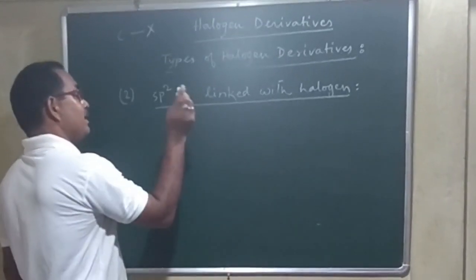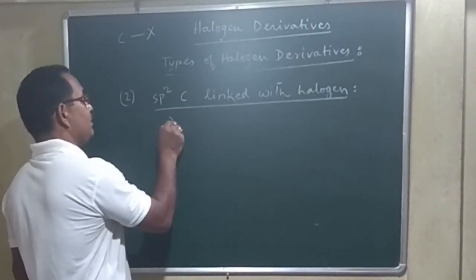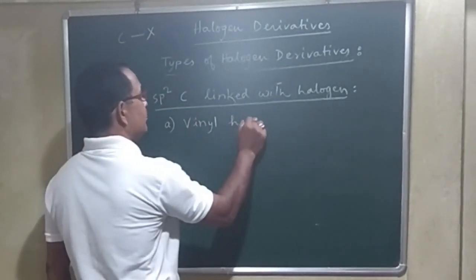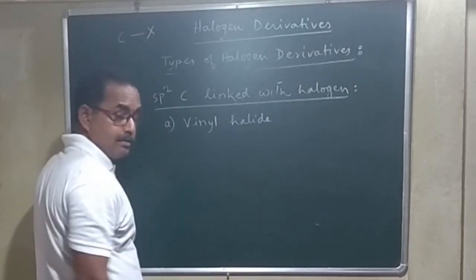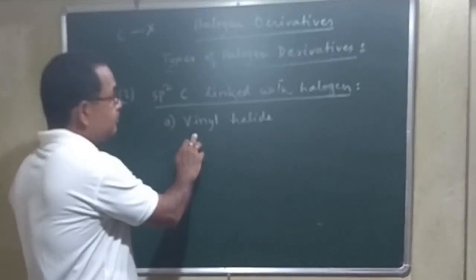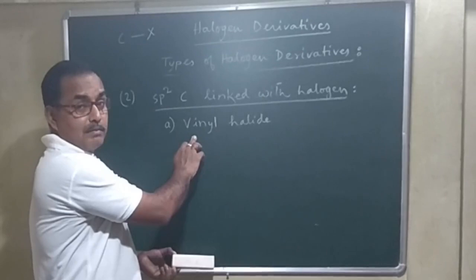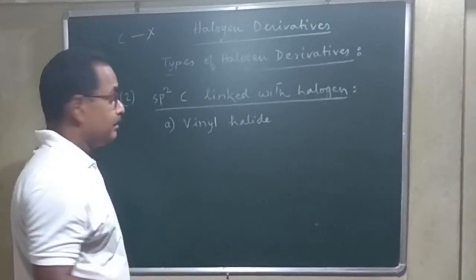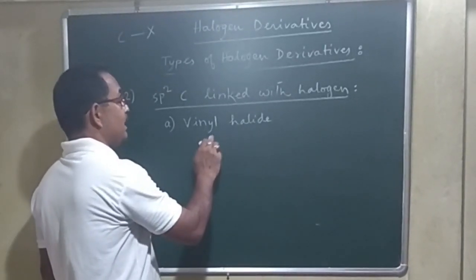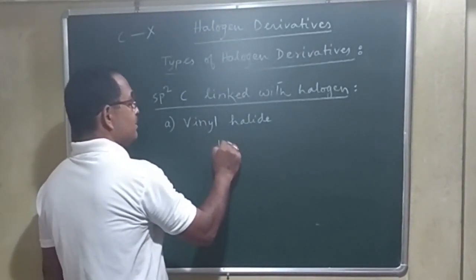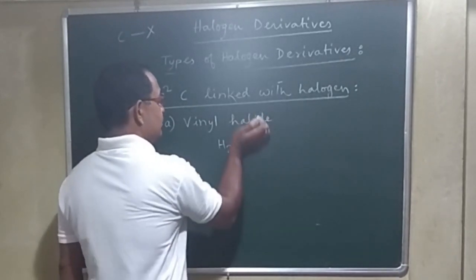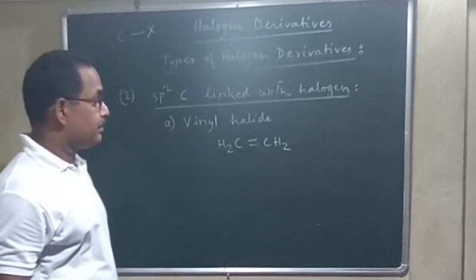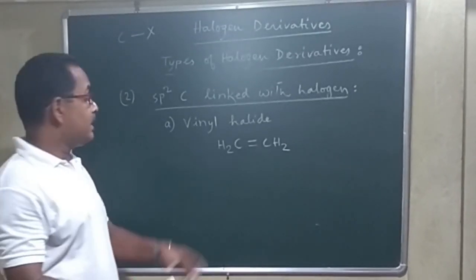See, here we have two types. Number A, vinyl halide. Position 2 with respect to carbon-carbon double bond. This is called vinyl. Sometimes position 1 may also be considered as vinyl position. You see, CH2 double bond CH2. This is the simplest alkene. It has only two carbons.